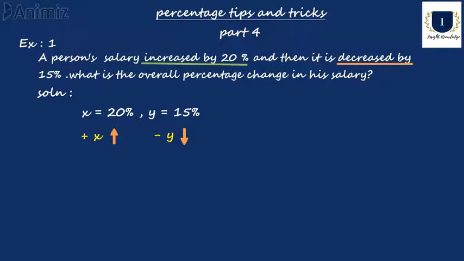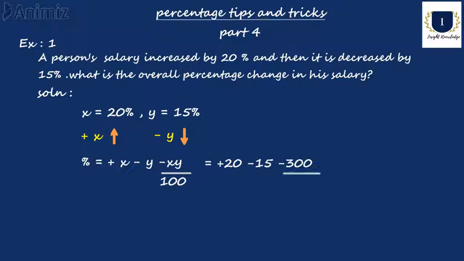While applying in the formula, you have to write successive percentage is equal to plus x minus y. Plus into minus will give minus, right? So write it down minus x into y divided by 100. And by solving, you will get plus 20 minus 15 minus 300 by 100. 300 means 20 into 15 is 300, right?